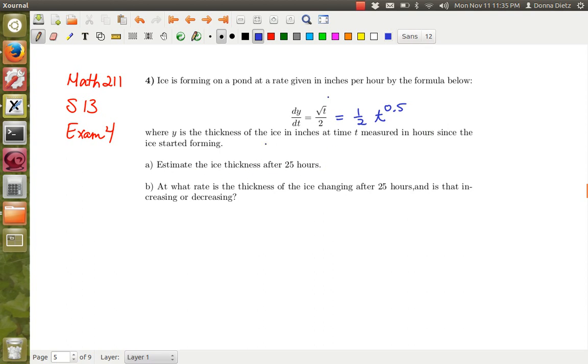Well, you're going to start, okay, ice is forming on a pond. It begins at time 0. So what you want to do is the integral of this and figure out what the function is.